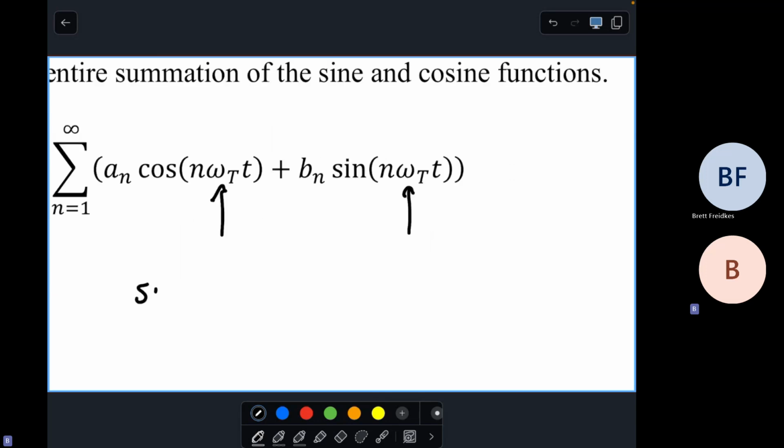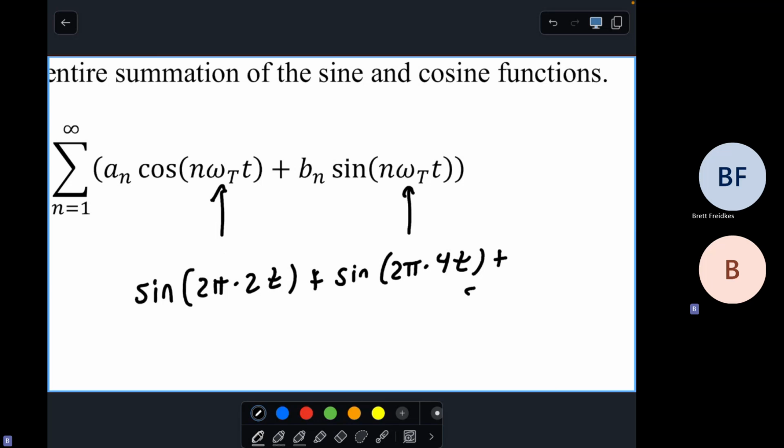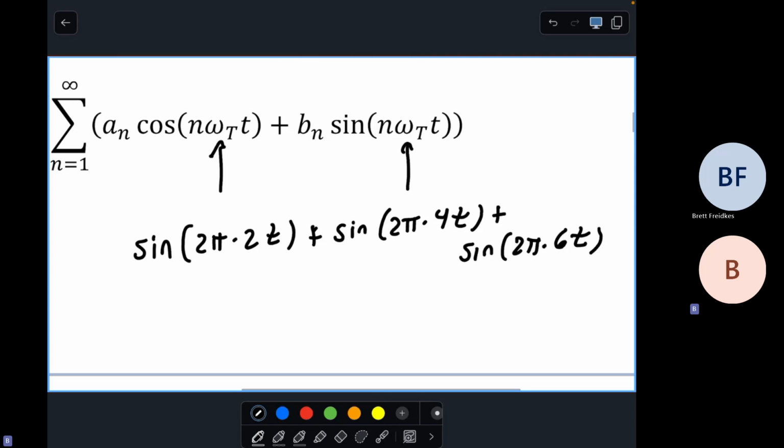So for example, if I do sine of 2 pi times 2t plus sine of 2 pi times 4t plus sine of 2 pi times 6t, this is F1, that's F2, and that's F3.